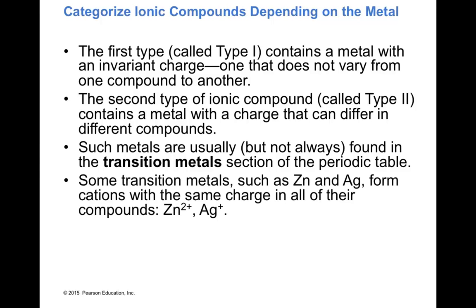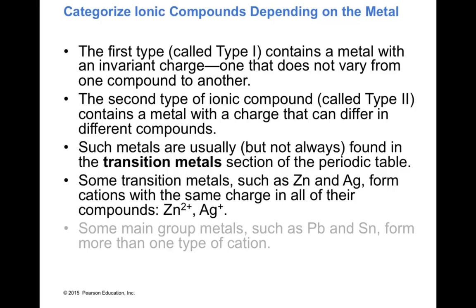Some transition metals, such as zinc and silver, form cations with the same charge in all of their compounds. So you're always going to see zinc with a +2, and silver always with a +1. Some main group metals, such as lead and tin, form more than one type of cation.